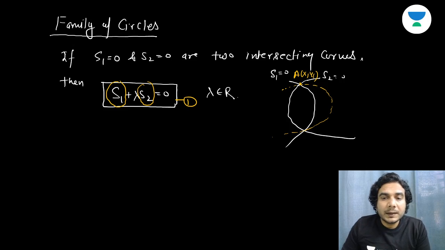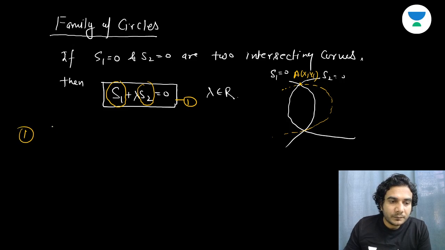Now we are taking these two curves S1 and S2 as circles. First, a very basic point: let S1 equal to 0 and S2 equal to 0 represent two circles.